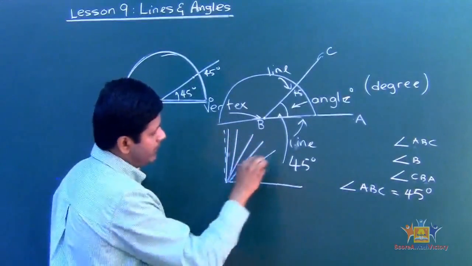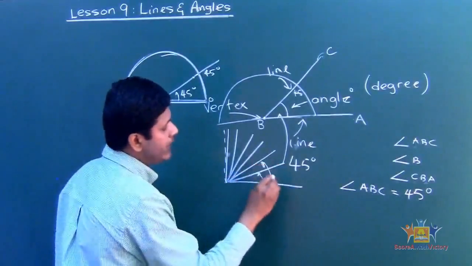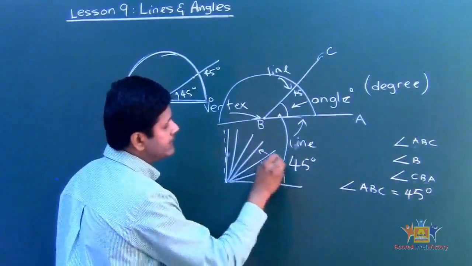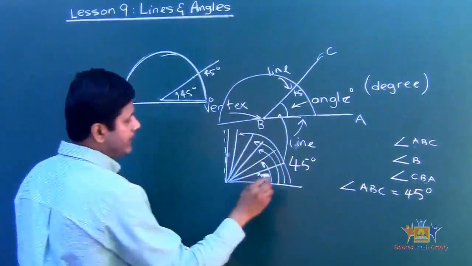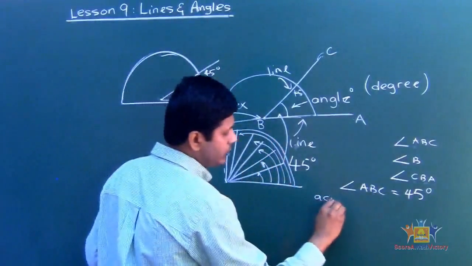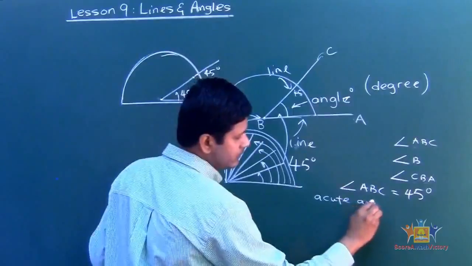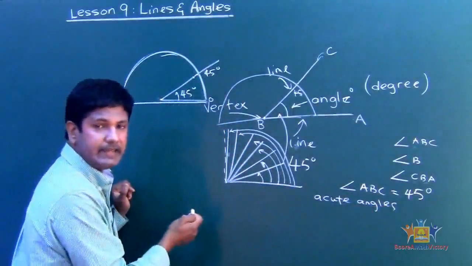All this is called acute angle. Acute angle is less than 90 degrees. Alright? Acute angle is less than 90 degrees. So this is called acute angles. All these are acute angles, when it's less than 90 degrees.